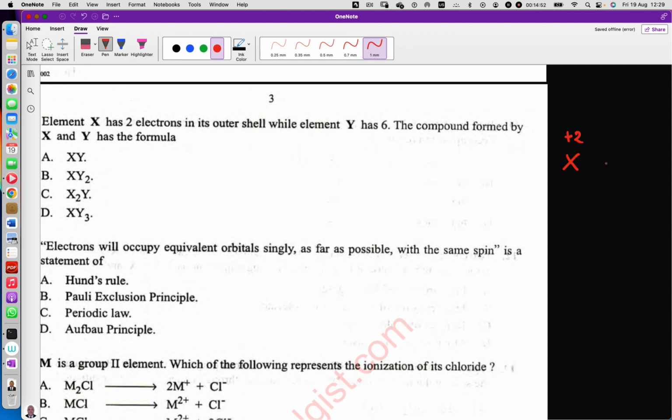So Y will have -2. Now, the +2 and -2 can cancel each other. So now the bond formed between these will only be X and Y.